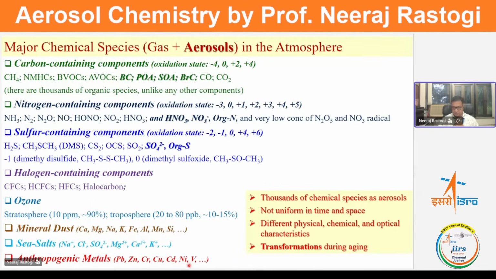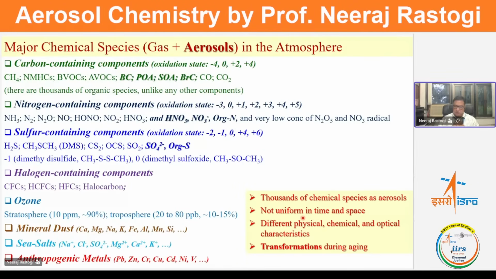Overall, what we see is that there are thousands of chemical species present in the atmosphere as aerosols. Obviously, they are not uniform in time and space. What does that mean? That means in the morning, whatever composition you have, in the afternoon it will be different, in the evening it will be different, at night it will be different. If you go from place to place, Ahmedabad is different, Delhi is different, Nagpur different, Chennai different, Bombay different.